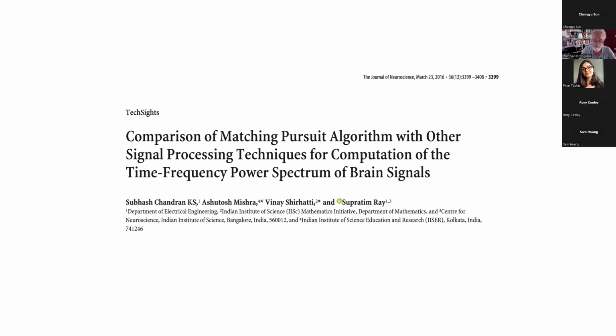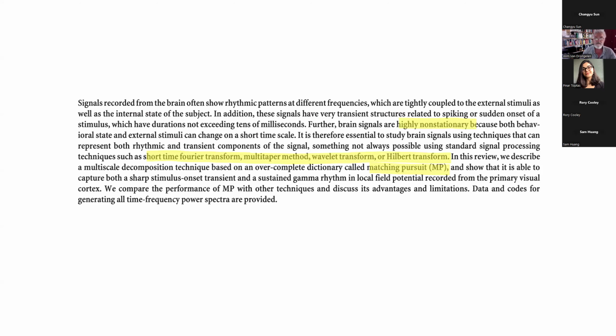The thing is that neuroscience data is usually, as highlighted here, non-stationary. That's not always easy to deal with, because most signal analysis procedures are based on the fact that the data is stationary.